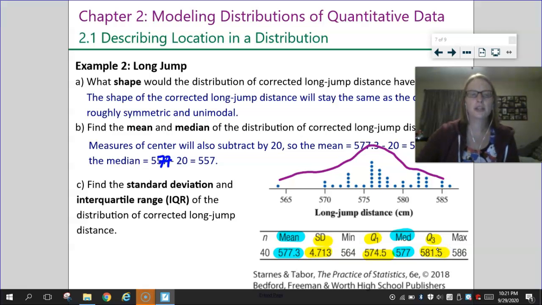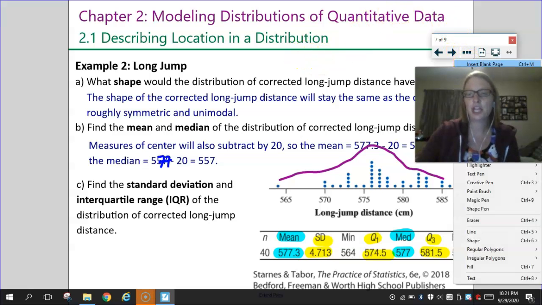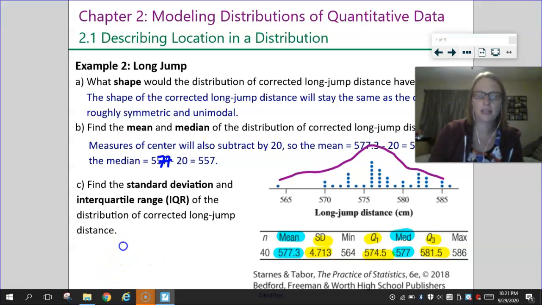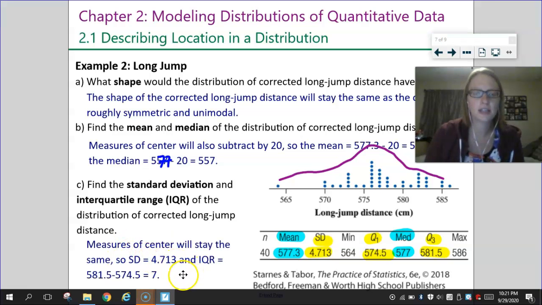For our new standard deviation and IQR, because this is a subtraction problem, and we know that works the exact same as an adding problem, and adding or subtracting do not change measures of variability or measures of spread, my standard deviation and IQR will stay the same.